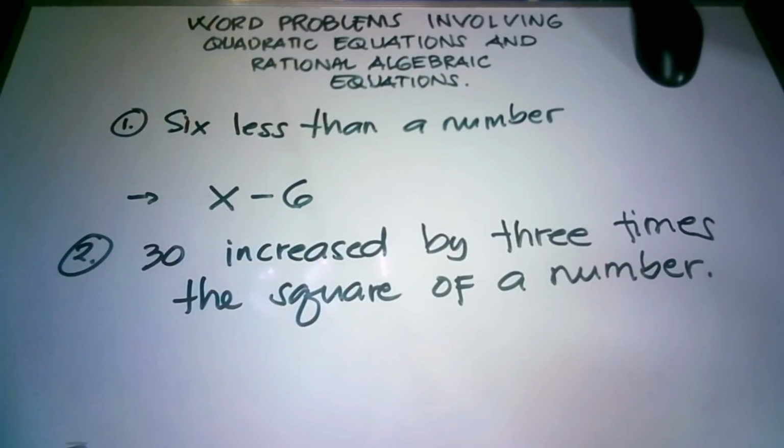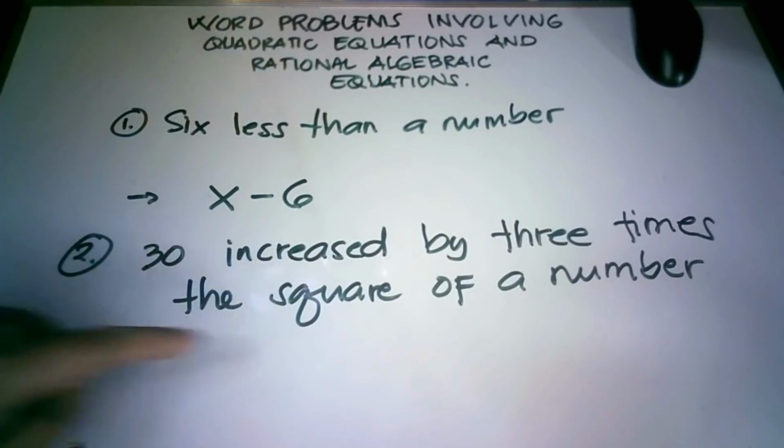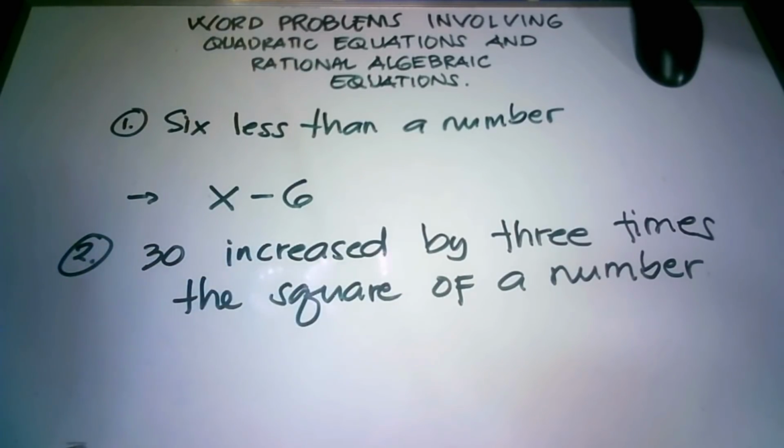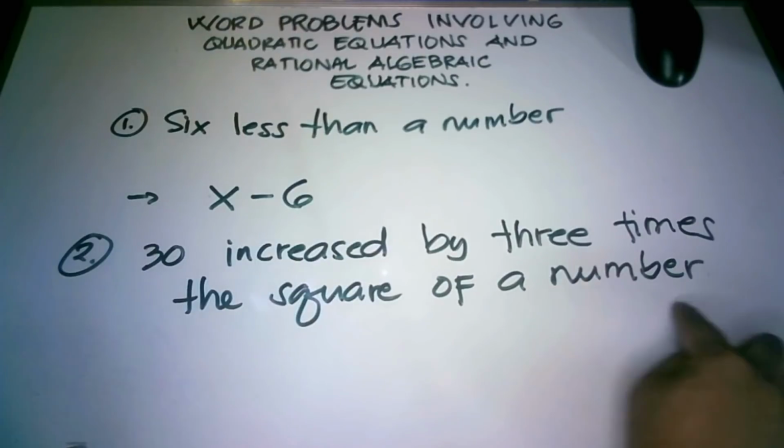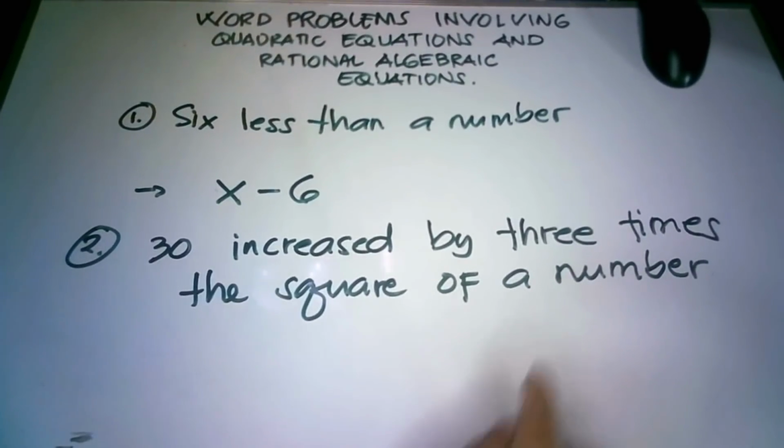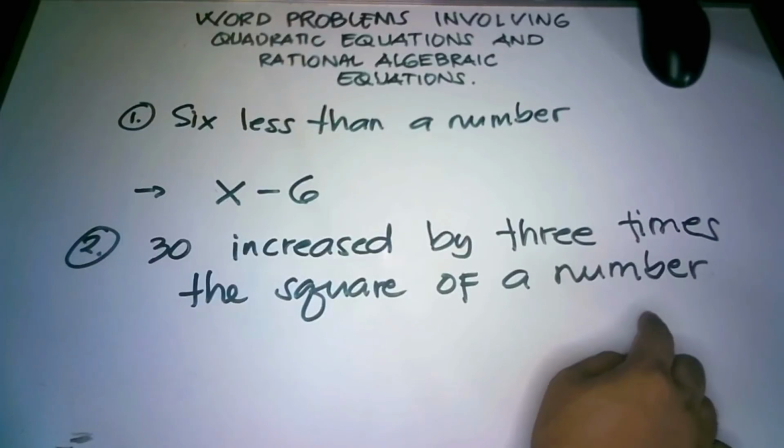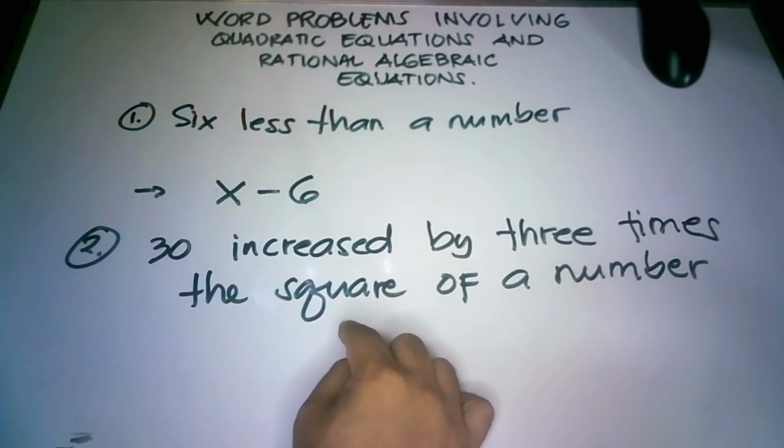So, saan man nato ni siya pag-translate into mathematical phrase. So, very simple lang. Remember here, 30 increased by 3 times the square of a number. So, 3 times the square of a number man daw. So, therefore, this number is being squared.